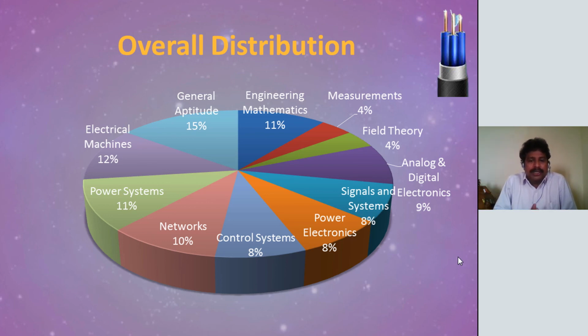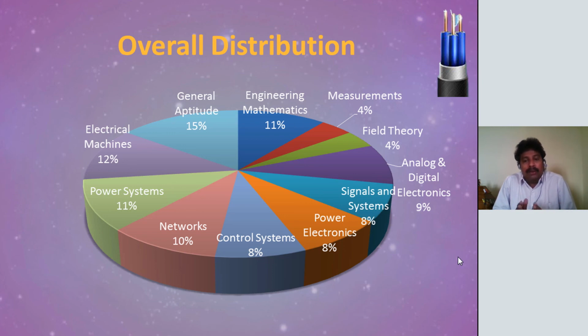Control systems is the subject that would be taught during the second year, so that the students will get a strong foundational background and more time to study networks and control systems. Once the student gets confidence in networks and control systems, definitely he can concentrate on signals and systems, power electronics and power systems.